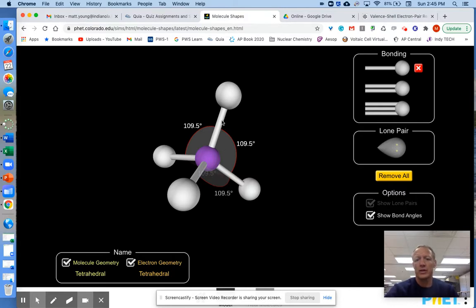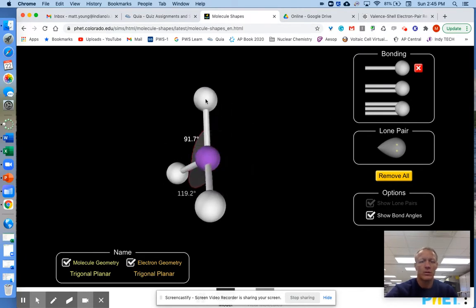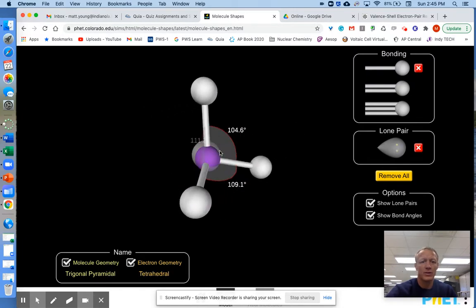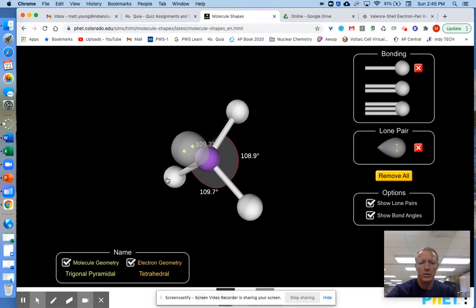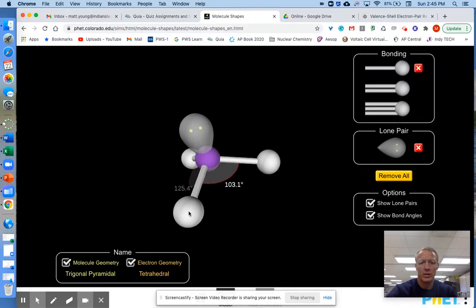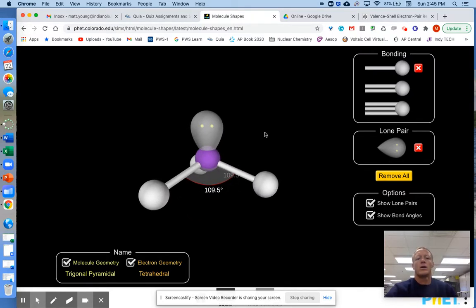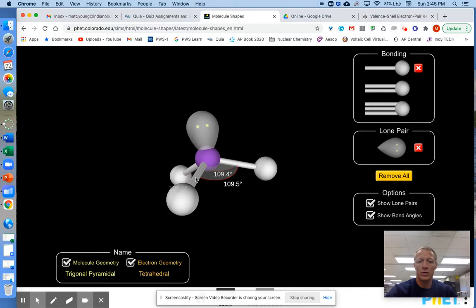So let's replace one of these shared pairs with an unshared pair. So just got rid of one. Let's put an unshared pair on there. So we still have 4 electron pairs around the central element. 1, 2, 3, 4.